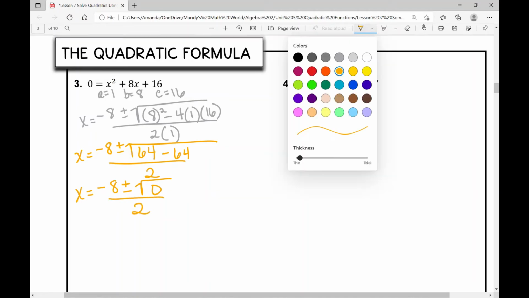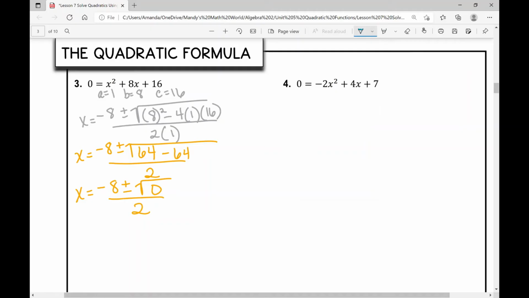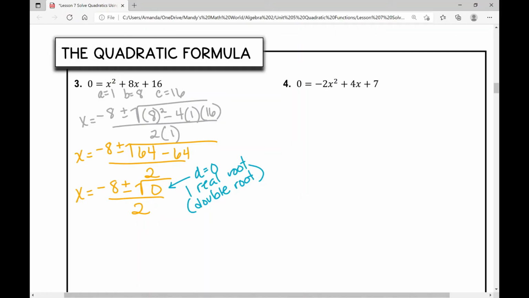which tells me when I have a radicand that is 0, where the discriminant is 0, that means I have one real root. That's my double root, which means my vertex is on the x-axis. That's where it's going to change directions.